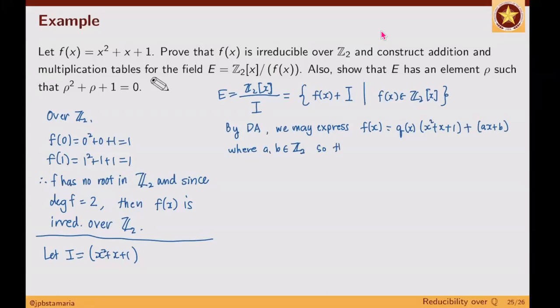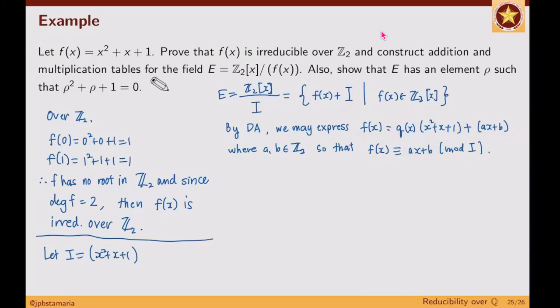Yung f of x, magiging congruent siya sa ax plus b modulo I. Ba't congruent? Kasi kapag sinubtract mo itong dalawa, ang maiiwanan ay multiple ng x squared plus x plus 1. Lahat ng multiples ng x squared plus x plus 1 ay nasa I. Kaya yung dalawang element na to, they are congruent.